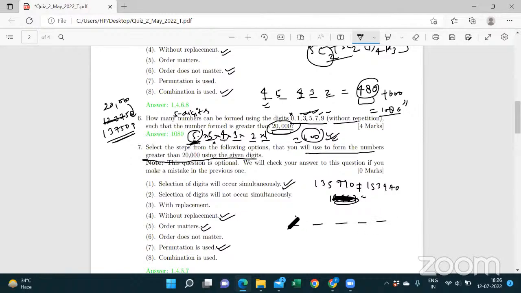You choose the number of ways for the first place, let's take A, and after choosing A, you choose for B, and C, and for this place you have D, and for this place you have E, right? So you are doing these things simultaneously, one and this and this and this. When it is an either-or situation, the events will not be simultaneous.